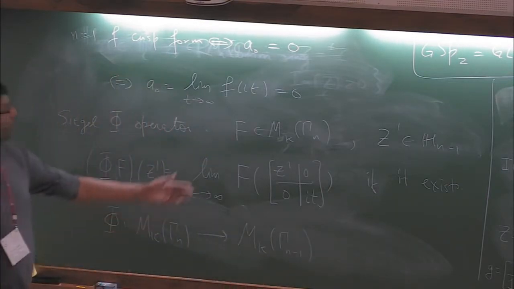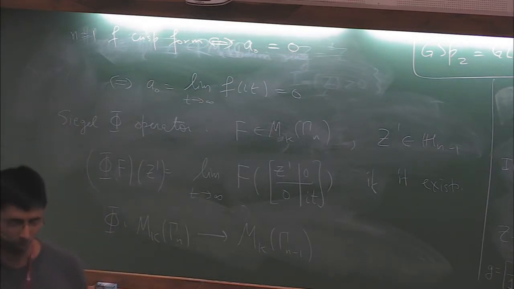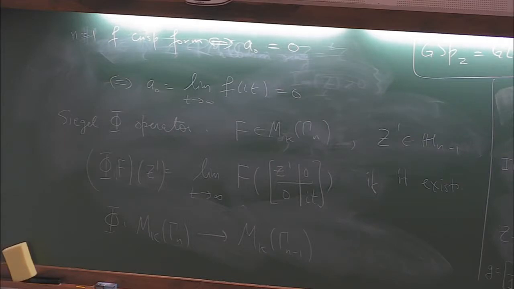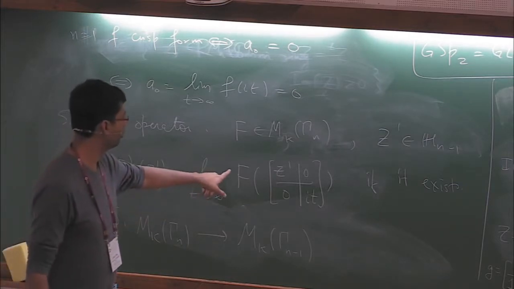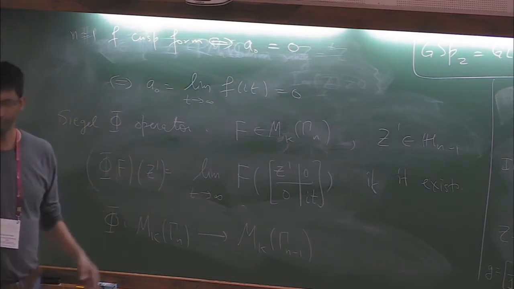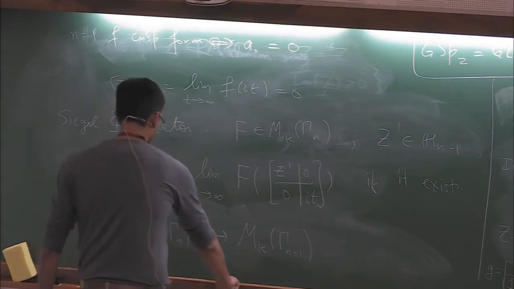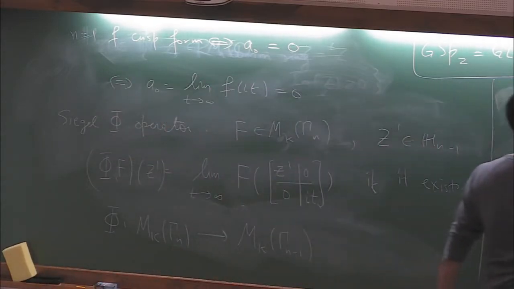So you get a function on H_{n-1}. You can see the holomorphy is not a problem. For the automorphic condition, you have to take Gamma_{n-1} and somehow very cleverly embed it in Gamma_n. And then using the automorphy of f, you can show the automorphy of this thing as well. And then this guy has a very nice Fourier expansion.